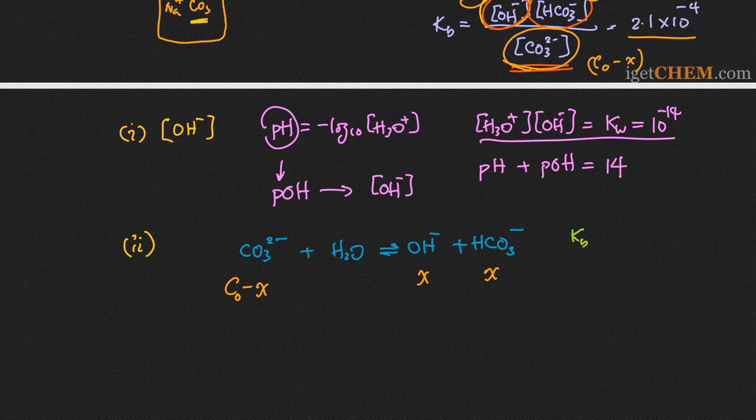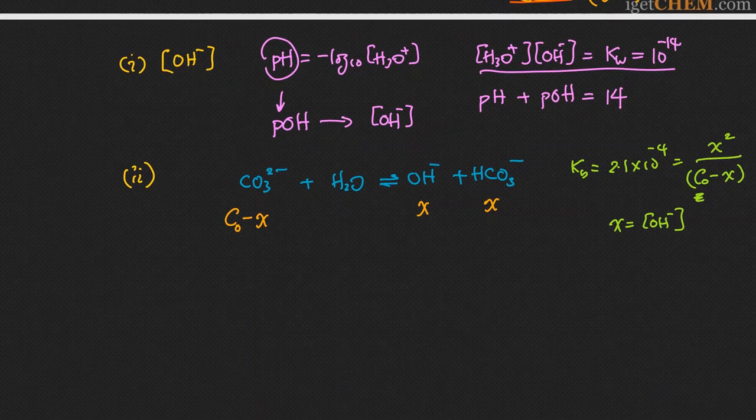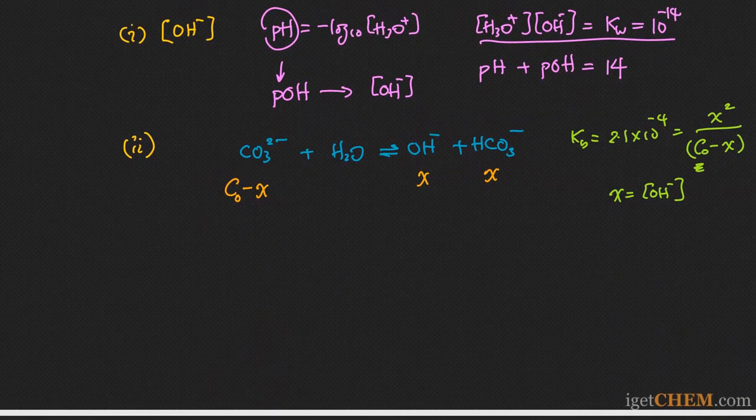So the Kb is equal to 2.1 times 10 to the minus 4. And if you set that up correctly, that should be equal to this. And since we know X, which is the OH minus concentration, that could be measured, then you can solve for this C0. The problem doesn't ask you to actually calculate it, so that's the end of that part.